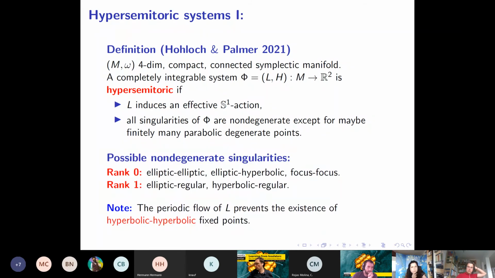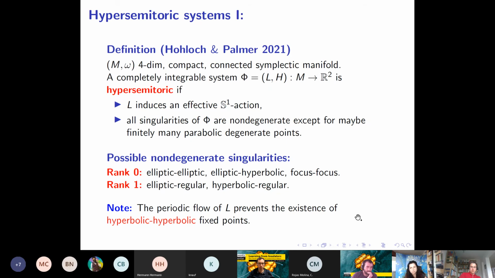With that, when you look at what this class of systems admits concerning what an integrable system may admit, you can get all combinations of singularities: elliptic, hyperbolic, focus for rank 0, so for the fixed points. You can have elliptic-regular and hyperbolic-regular for rank 1.